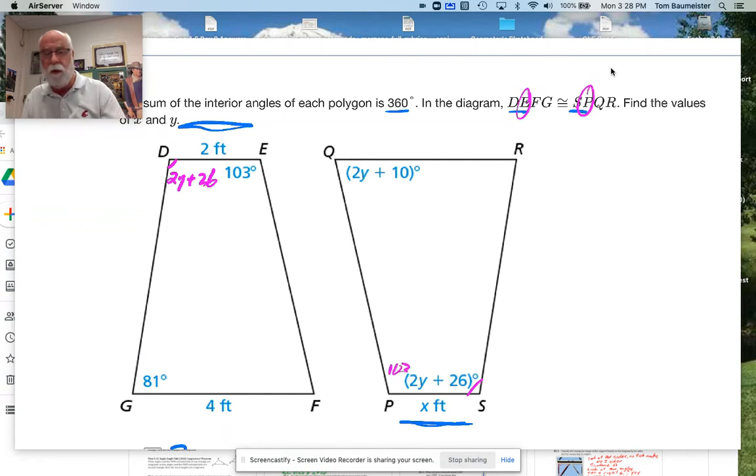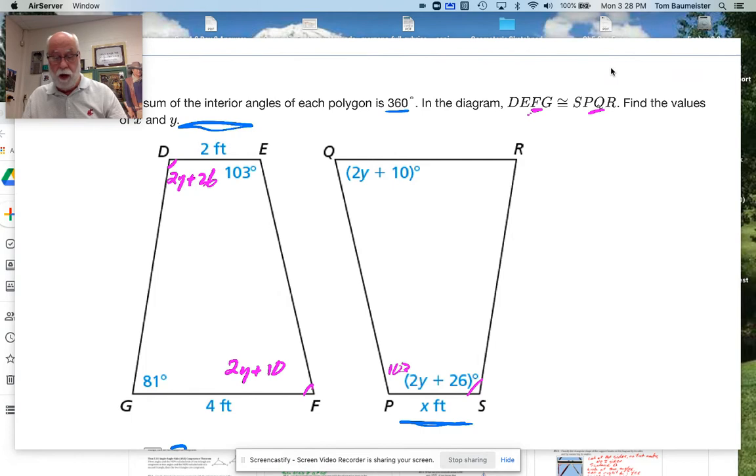All right, but let's only worry about it on one. All right, so then the only other one that we don't have here is angle F. So angle F and angle what are the same? Angle F is right here, so that would be angle Q, and angle Q is 2y plus 10.